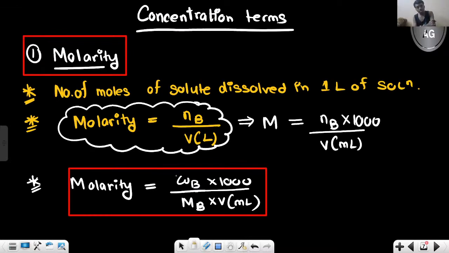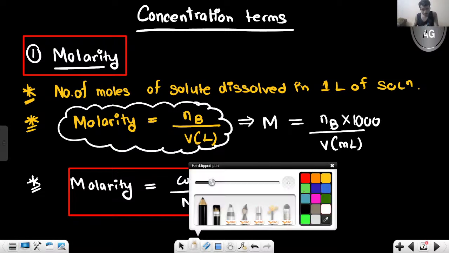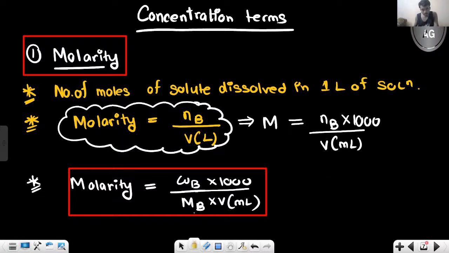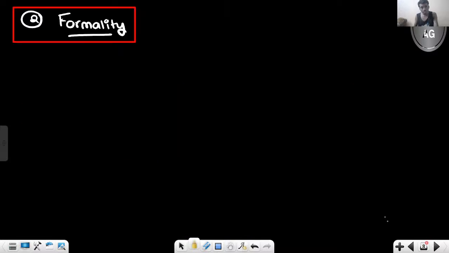Number of moles of solute dissolved in 1 liter solution is the definition for this as well. Instead of molecular mass, this MB which we have written over here represents the molecular mass of solute. Here we just replace the molecular mass by the formula mass of the solute.